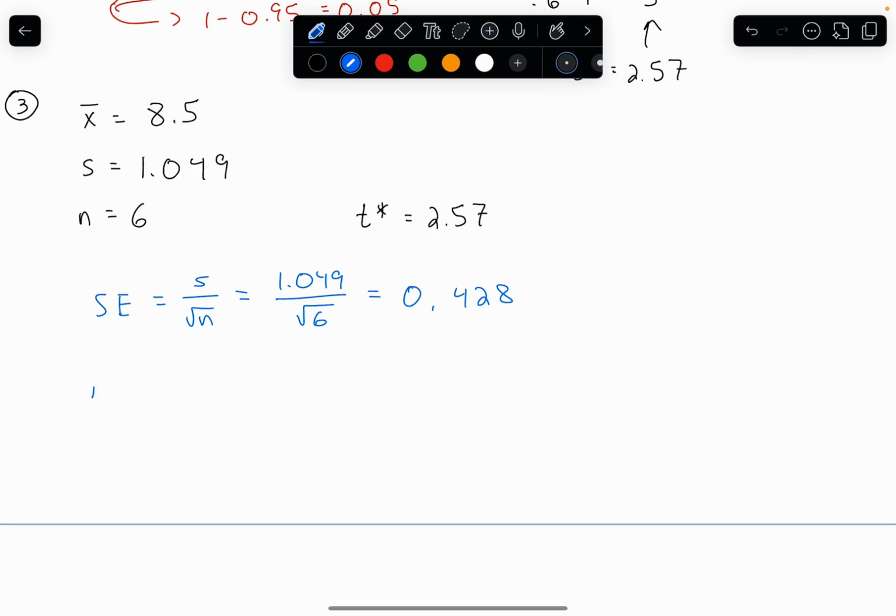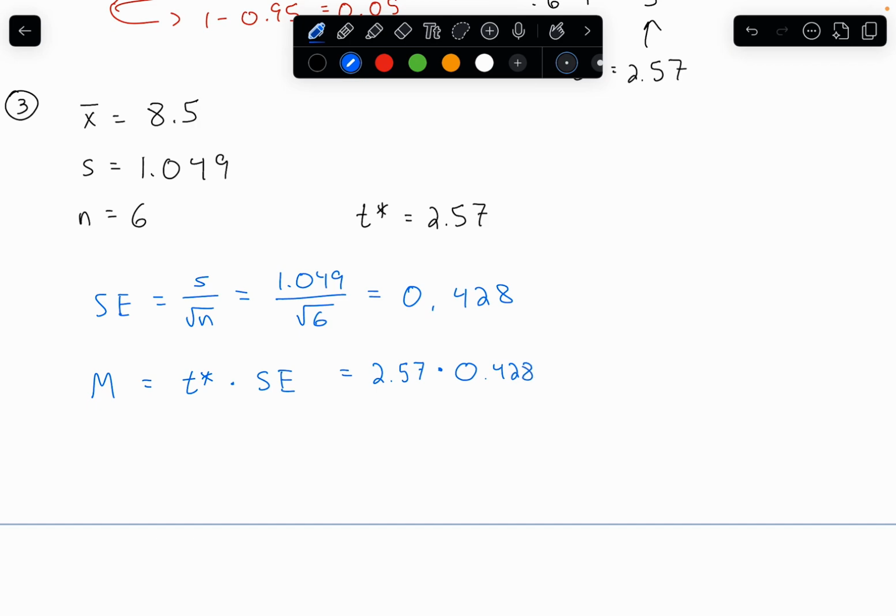Next up, I need my margin of error. My margin of error is simply T star times the standard error that I found last time. So in this problem, my T star was 2.57, times my standard error, which we just found, 0.428.